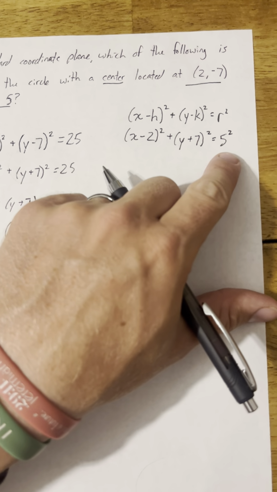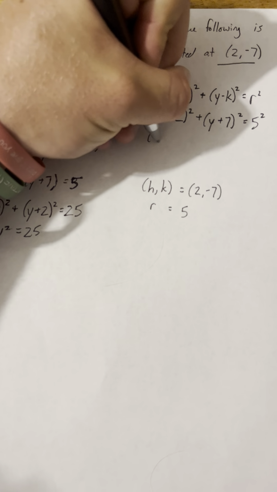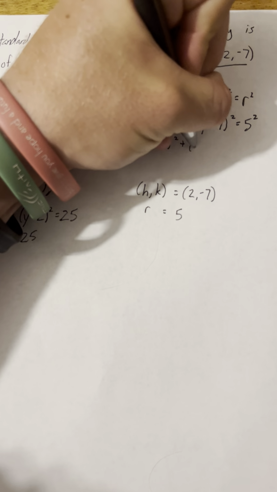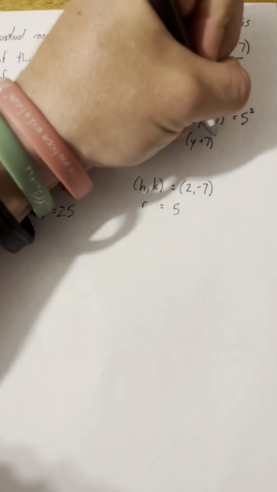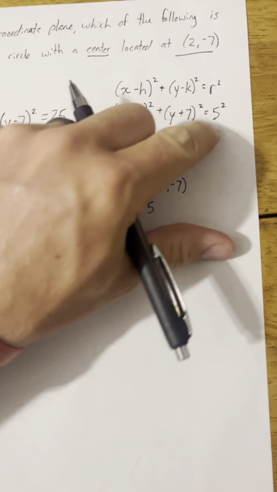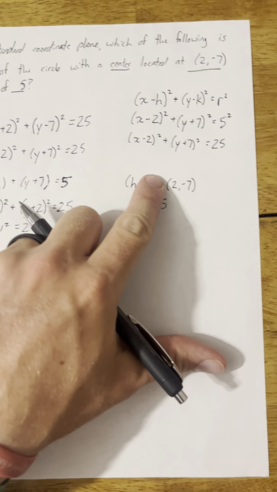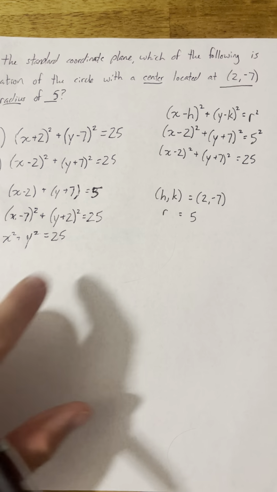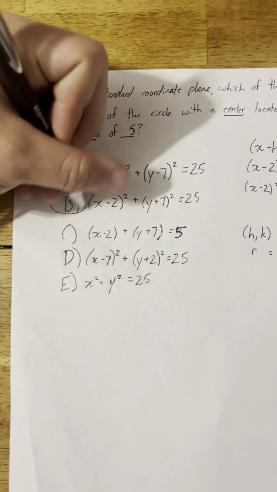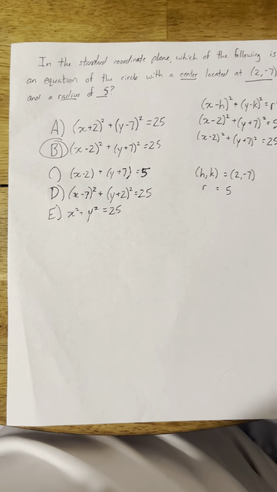Then we'll simplify. So (x - 2)² + (y + 7)² = 25, because 5 squared is 25. So if we look over here, my answer choice that matches my equation would be B. My answer on this one is B.